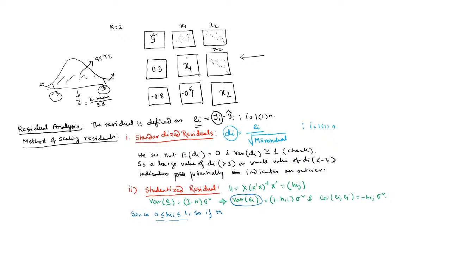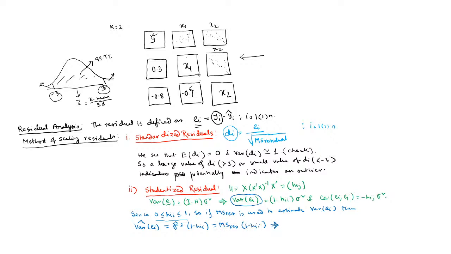So MS due to residual is used to estimate the variance of e_i. The estimated variance of e_i is sigma hat square times (1 minus h_ii), whereas MS due to residual is used without the factor (1 minus h_ii).